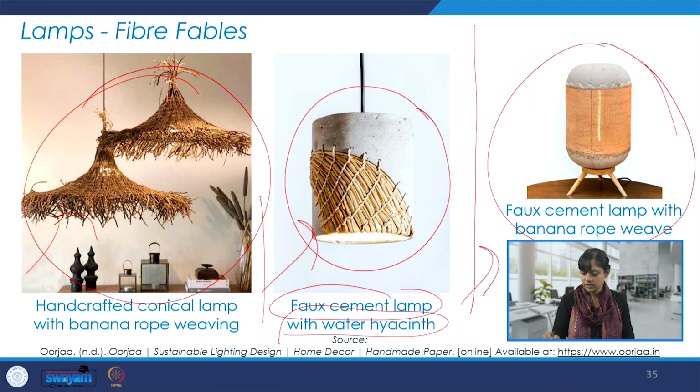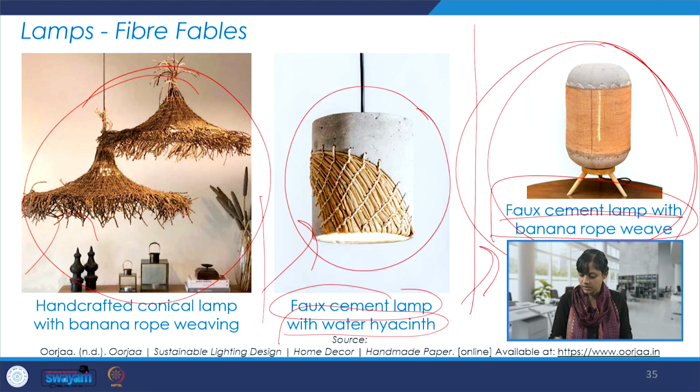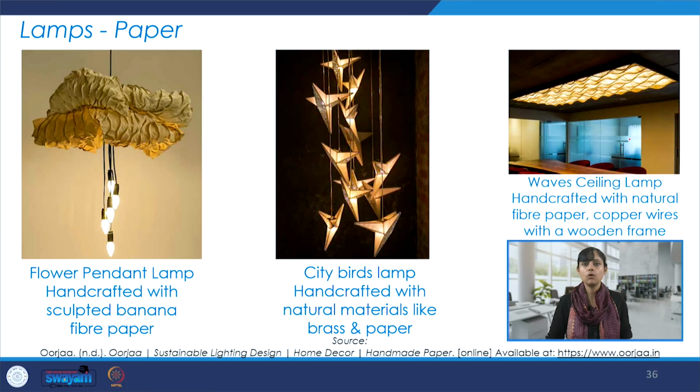So these are very interesting creations and very unconventional, experimental. This is also a faux cement lamp with banana rope weaving over here. So interesting forms, interesting material palette, tactility, textures.